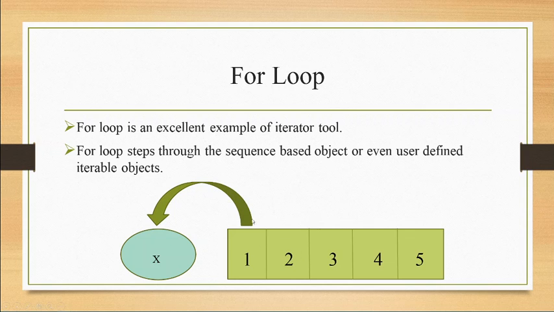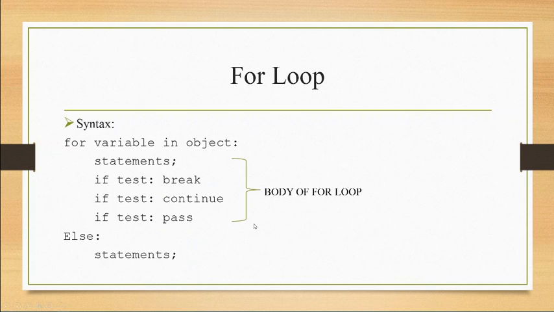Like this, all items are one by one contained by the target and processed by the for loop. This is the syntax of the for loop, where variable is a target and object is an iterable object. This is the body to process, and we have an else statement as optional.